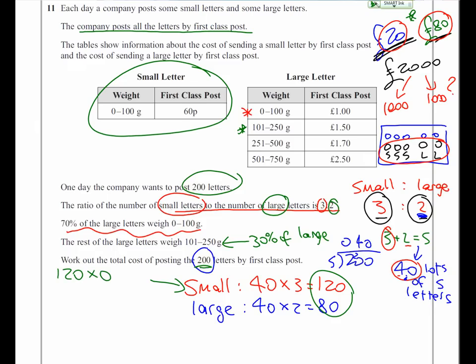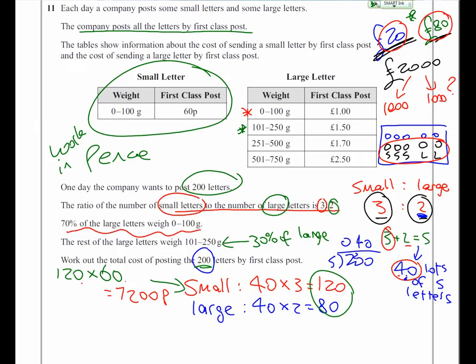Let's work in pence, it's going to be easier. So 60 pence. Right, 6 times 12, if you know your 6 times table, it's 72. And you've got 2 extra zeros. Remember, that's pence. So we've worked out the small cost already.